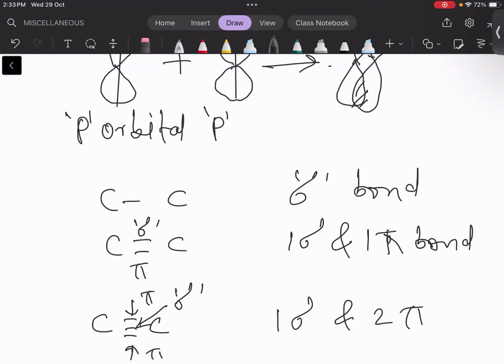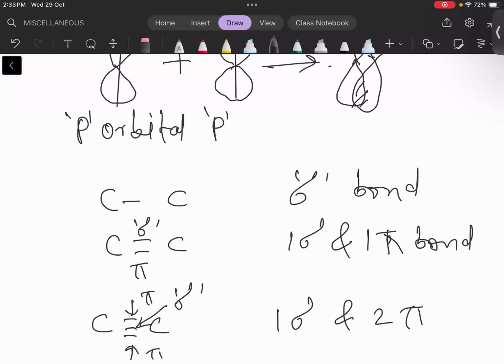Any doubt? No, sir. Then the last part from the chapter: dipole moment. What is dipole moment?